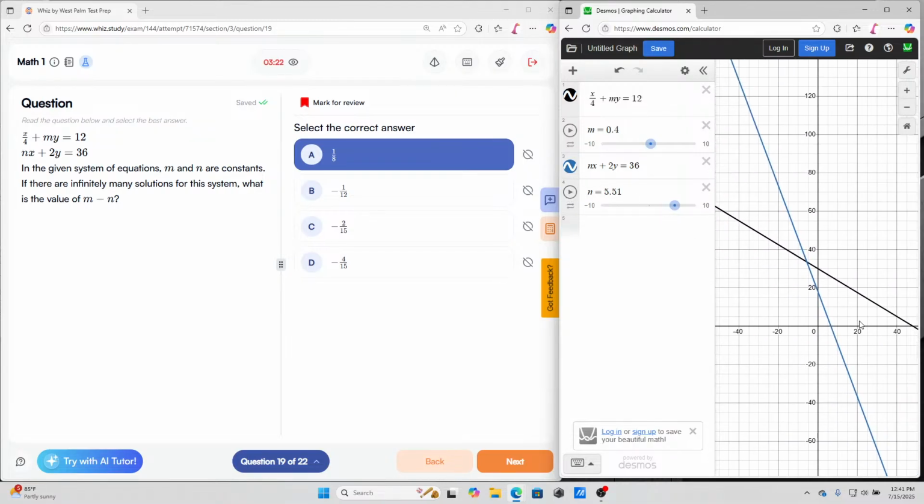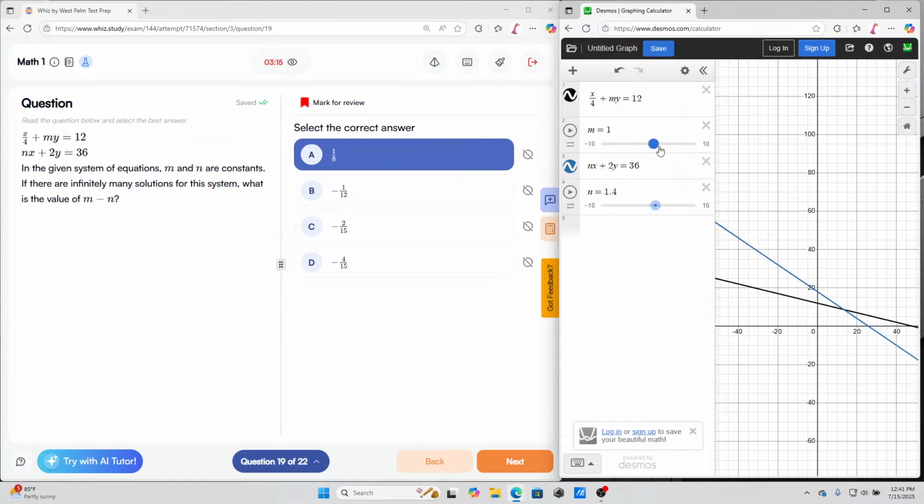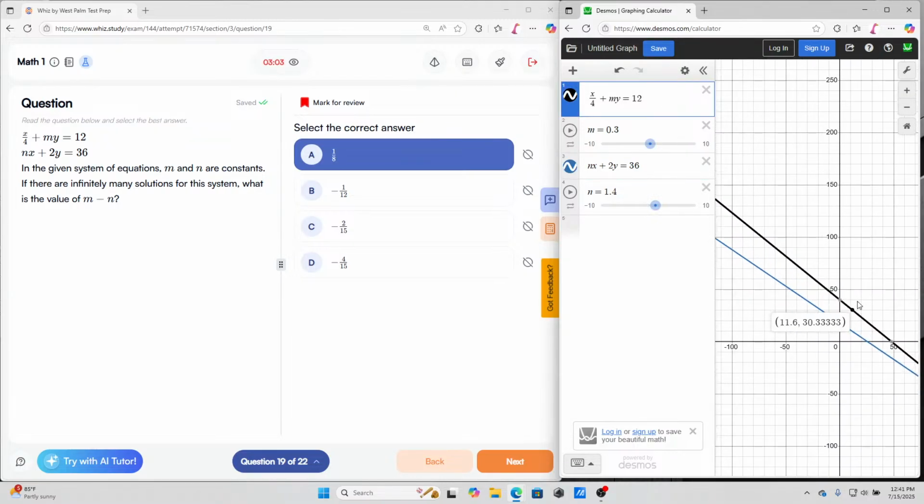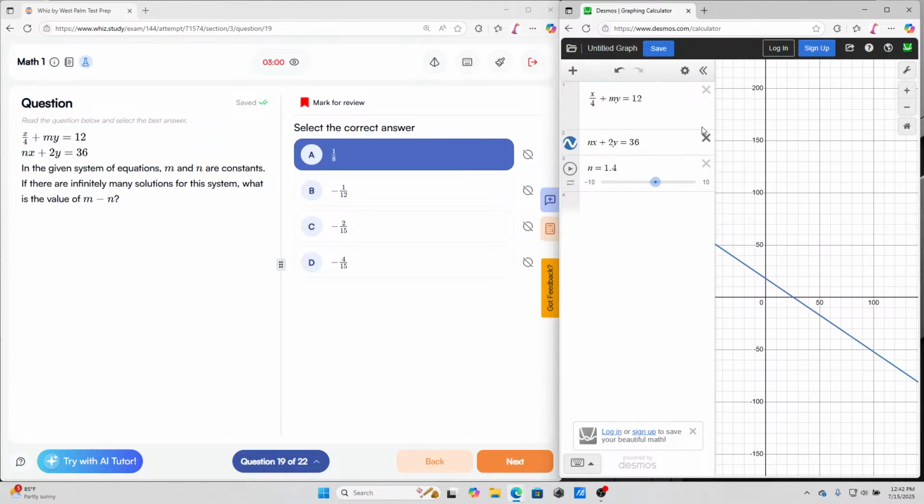Okay. So infinitely many solutions. They gotta have the same slope. That's the thing.